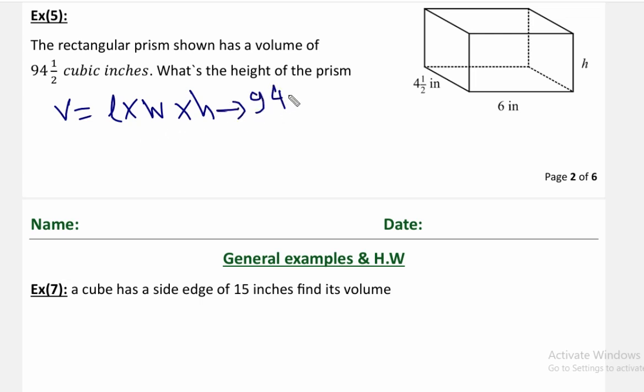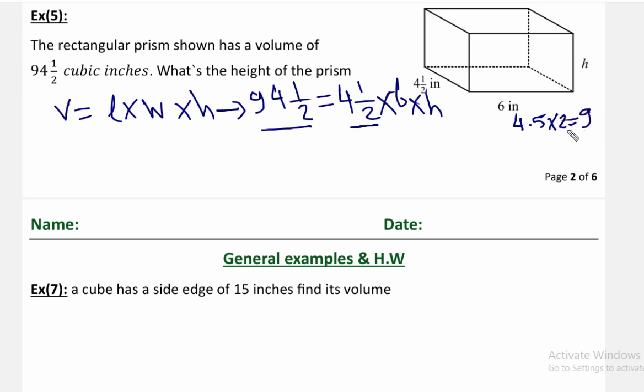Volume is 94.5 equals 4.5 times 6 times h. If you have good eyes, you will see that you have 4.5 and 94.5. So what is the relation? I'll ask you, 4.5 times 2 equals what? That's equal to 9.